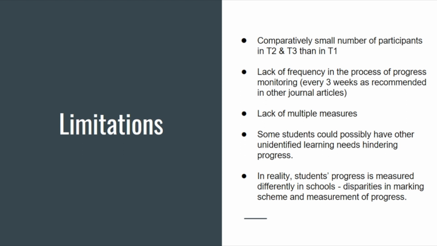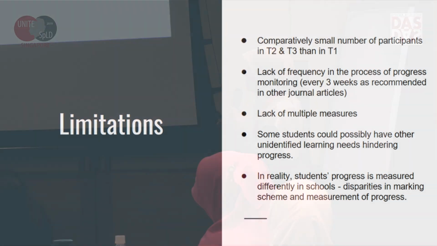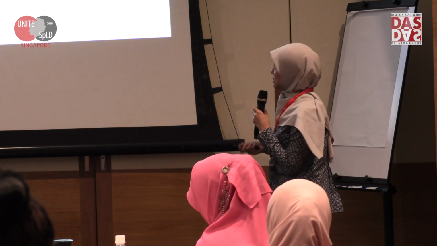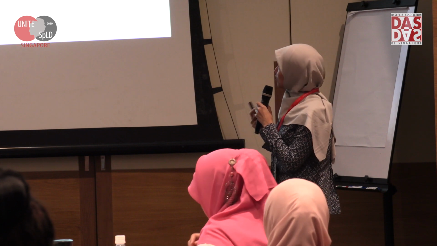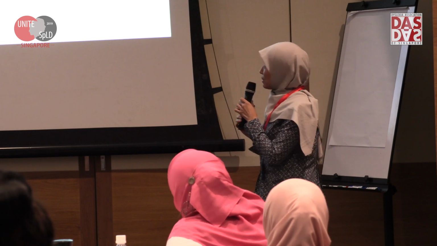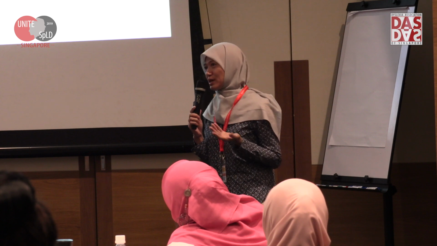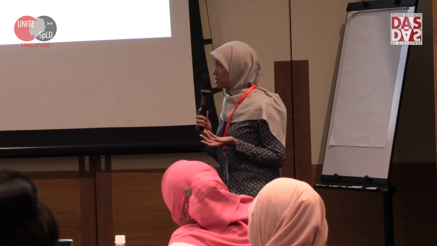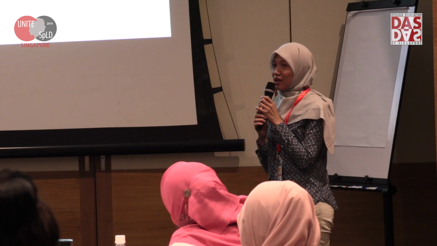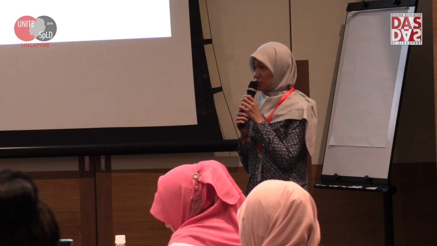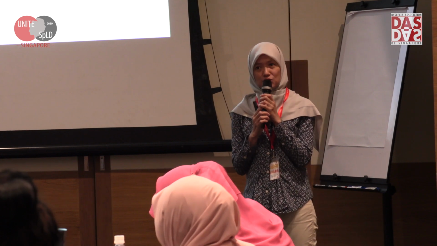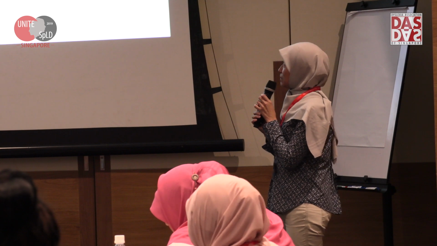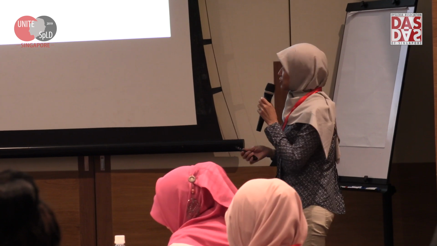The study mentioned that we conducted the test after 10, 20, 30 weeks, when most literature actually recommended once every 3 weeks. And also, there's a lack of multiple measures because we were just looking at entry and exit tests. We should probably look at classroom observations. We should consider teacher and student feedback and include them as part of our research.